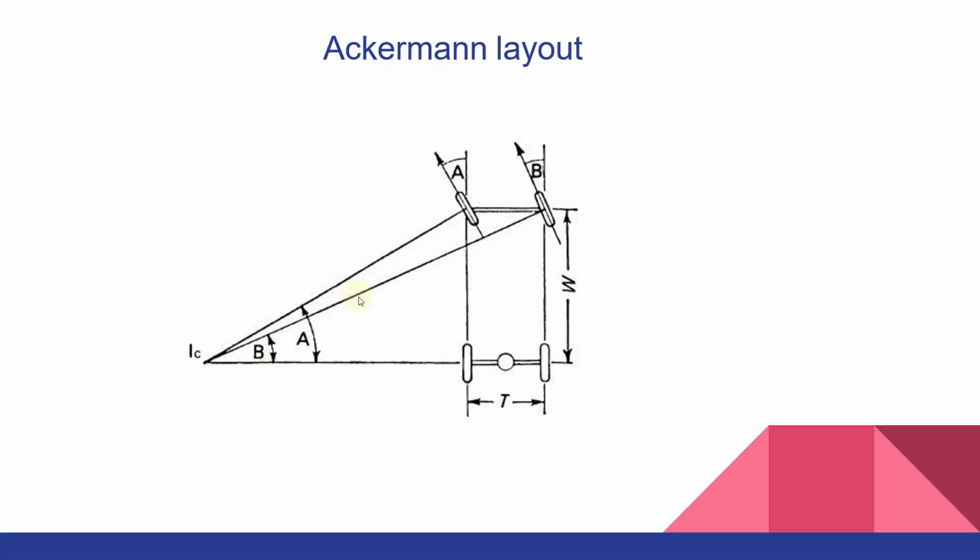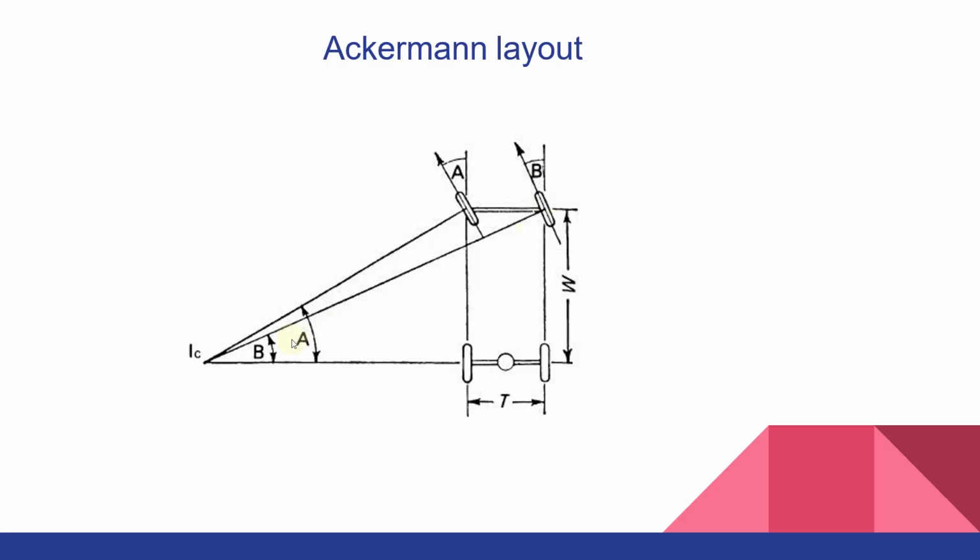So all these three lines, that is the line passing through the center of the rear wheels and the lines passing through the center of the front wheels, will intersect at a point known as LC. Again, this is the center point through which the vehicle will rotate. But here the angles at which the tires are aligned are different.